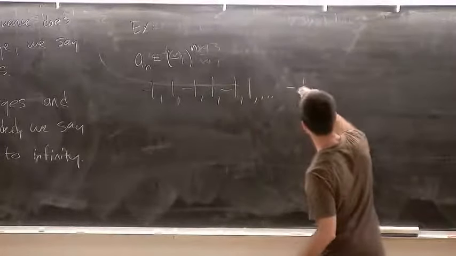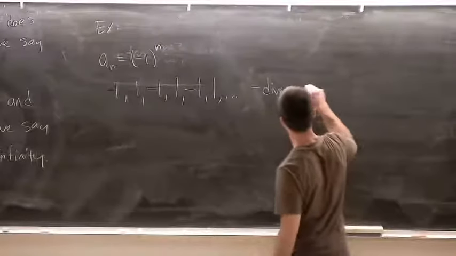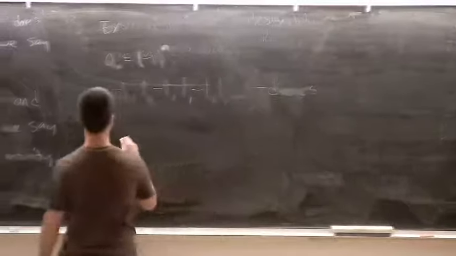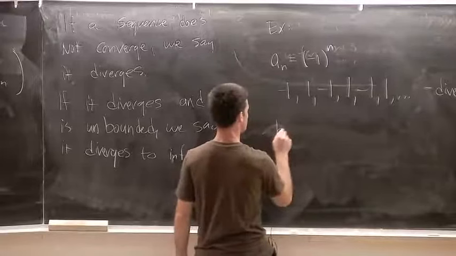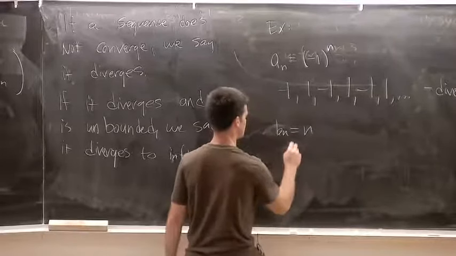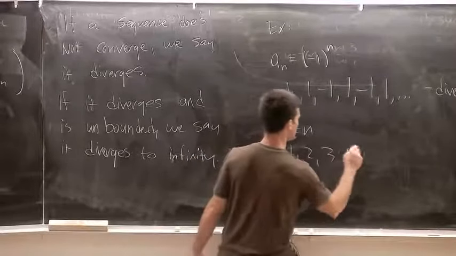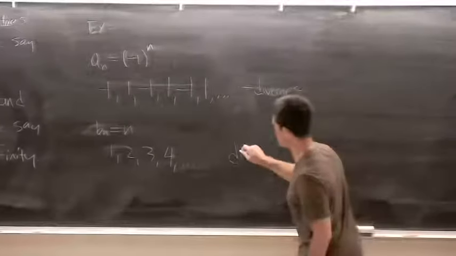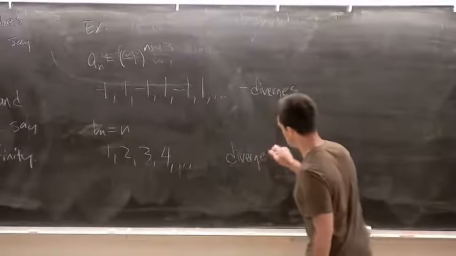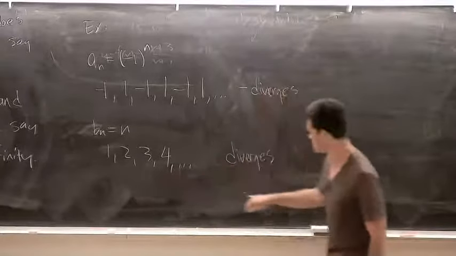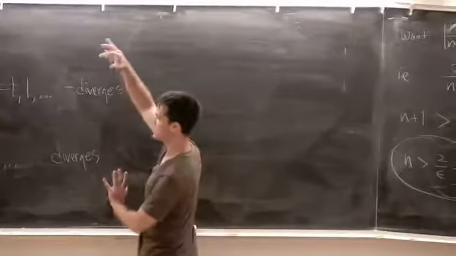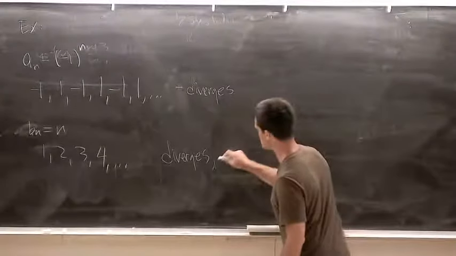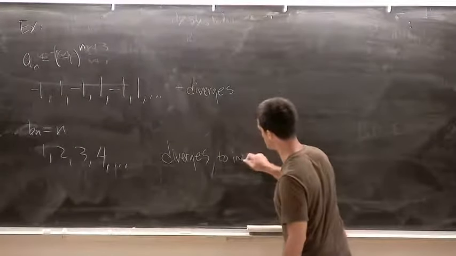So this diverges. On the other hand, let's do b_n equals n. So this is the sequence 1, 2, 3, 4, and so forth. This one also diverges. And because it's not bounded, there's no number that it's always below, it actually diverges to infinity.